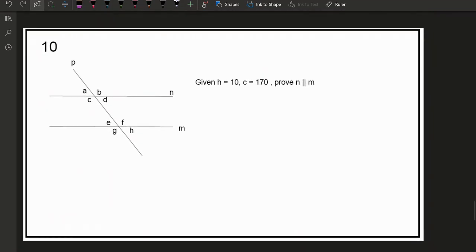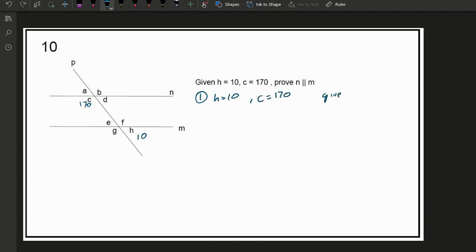Number 10. Now, this one was meant to be a level C quiz, so this one's going back and getting a little bit easier. In fact, looking at that, H is 10 and C is 170. That's very similar to one that we've done earlier. So step 1, H is 10, C is 170.